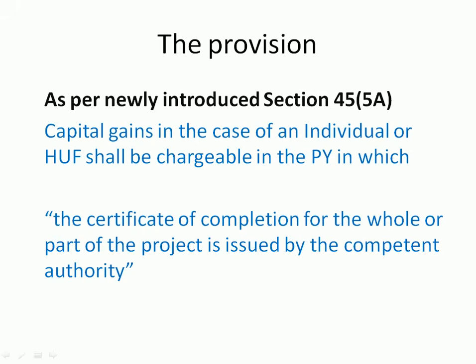This in effect pushes taxability from the year of transfer of the land to the year of completion and the issue of the certificate for the completion. This may prove to be beneficial from the owner's point of view as the taxability has now got postponed.